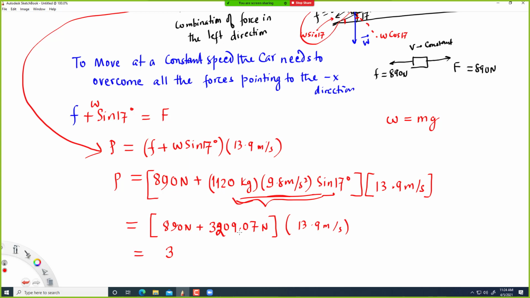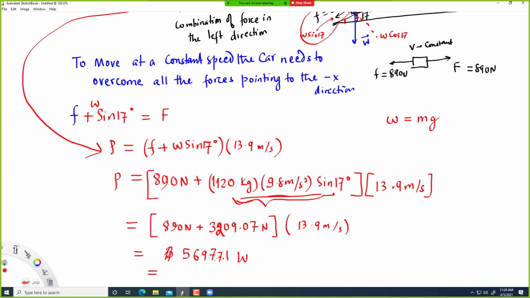So that's, yeah, 56,977.1 watt. Okay. Now this is a big number. Like I said before, when you have a big number like that, you can write in terms of kilowatt.